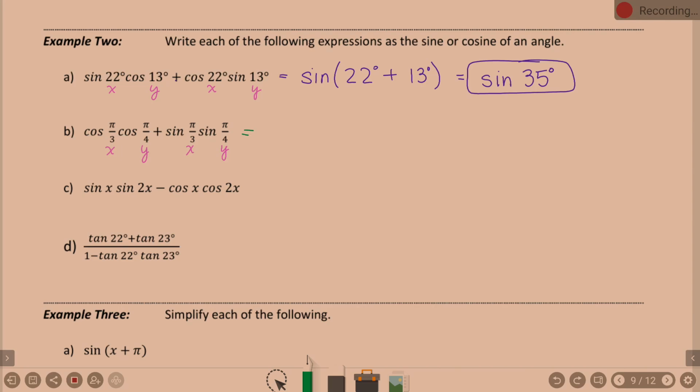Okay, so we said this was a cosine identity because it fits the form. So it's going to be cosine of x plus or minus y, right? X being pi over 3, y being pi over 4. Are we going to add or subtract?